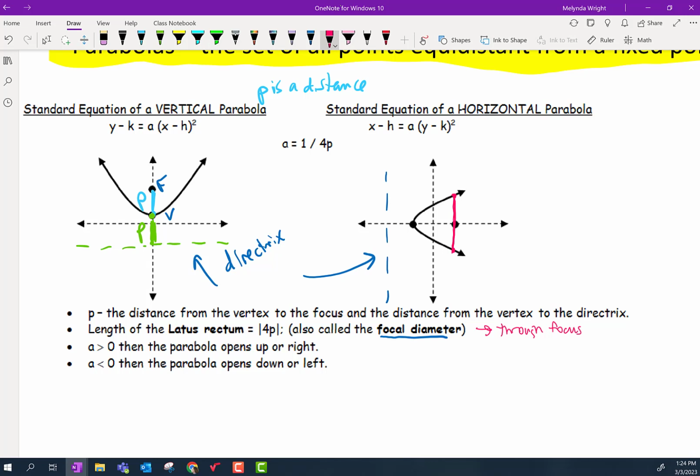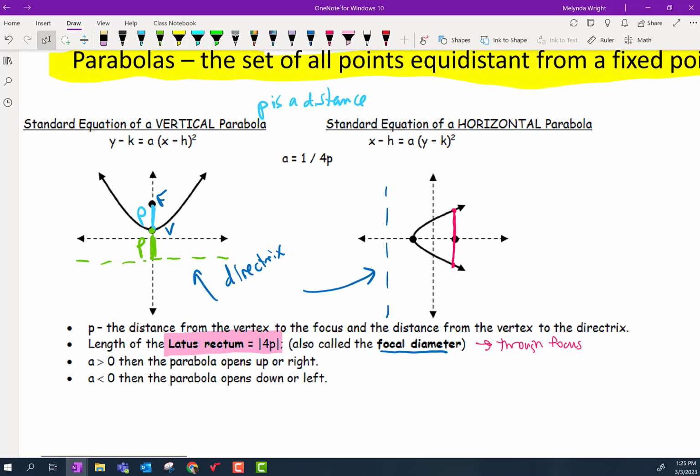This formula, you would have to know. I'm not going to give you this formula. You need to know that. I mean, I'm giving you the big formulas. I'm not giving you this little one. So the LR is the absolute value of P. And this formula I want to rewrite is A equals 1 over 4P.